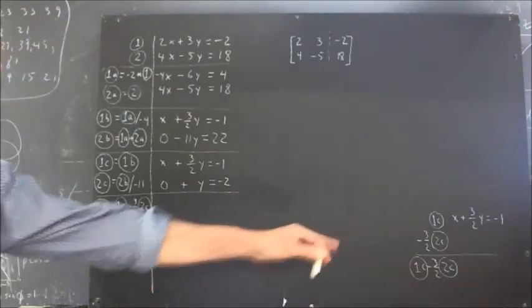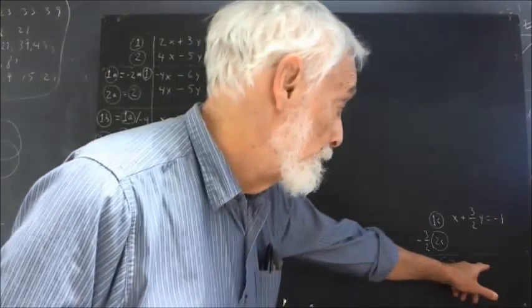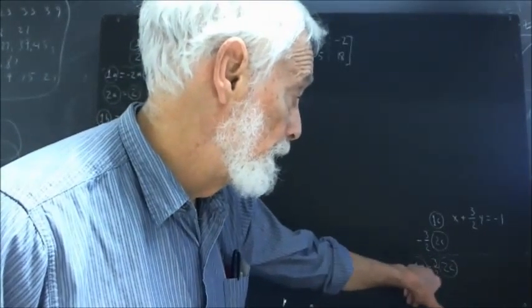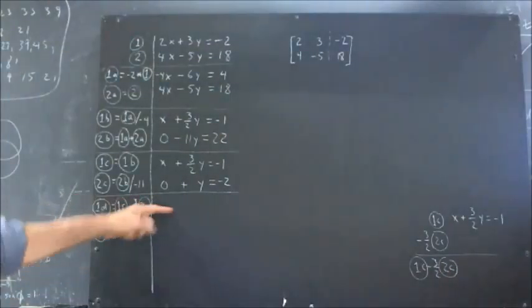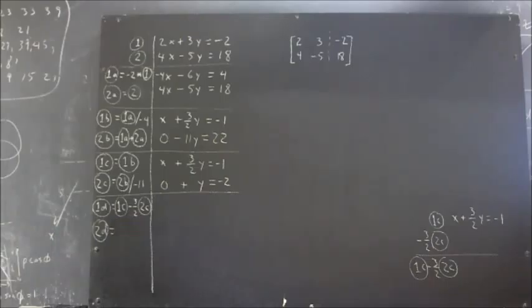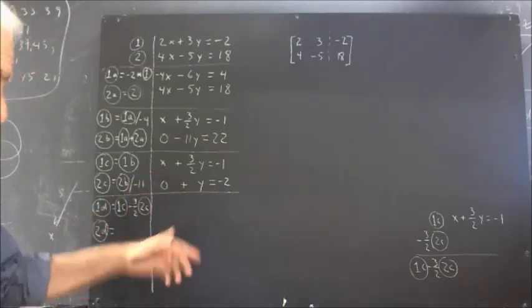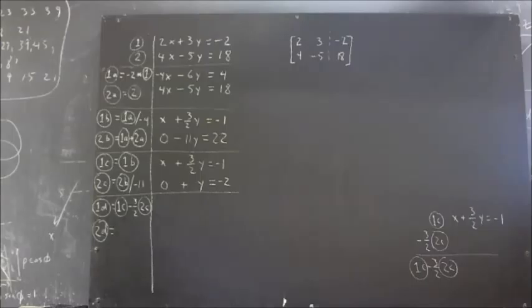So see if you can do that. Right, the result you get down here, the 1c minus 3/2 of 2c, here where it says to write that down, and then write down your 2d, which is the unchanged equation from before.